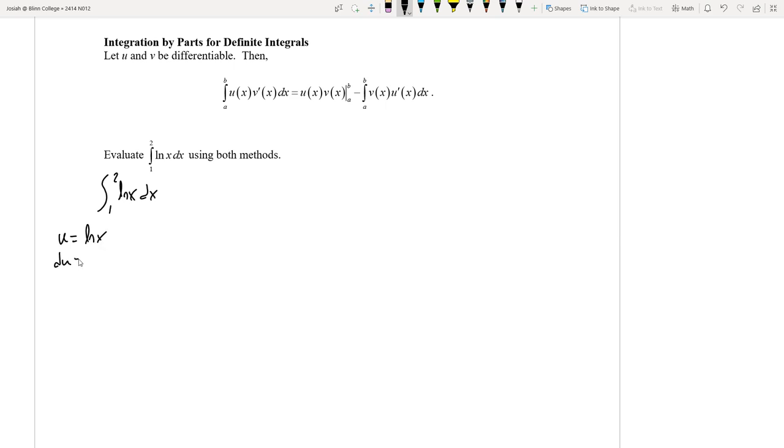So du is 1 over x dx. That leaves dv to be dx, and so v is x. When we put this together, we have u times v, but we're going to evaluate from 1 to 2, and then we subtract the definite integral of v du.